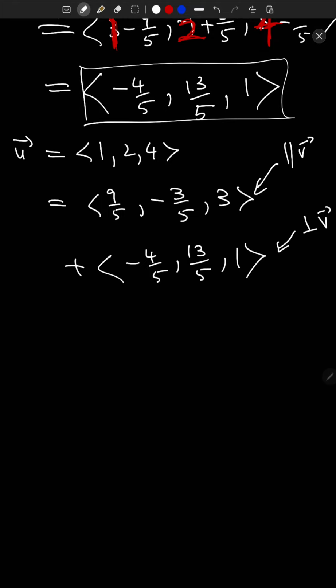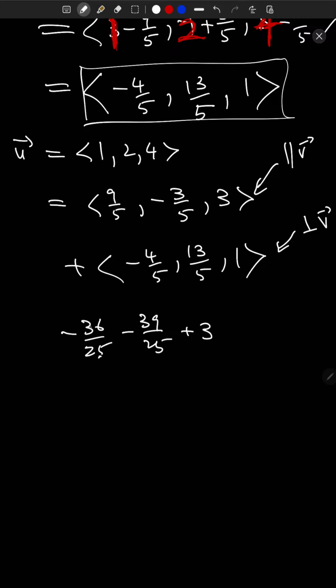And you can check the dot product. Let's see if it's correct. This dot this is going to be 36 over 25 minus 13 times 3, which is 39. So I get minus 36 over 25 minus 39 over 25 plus 3.